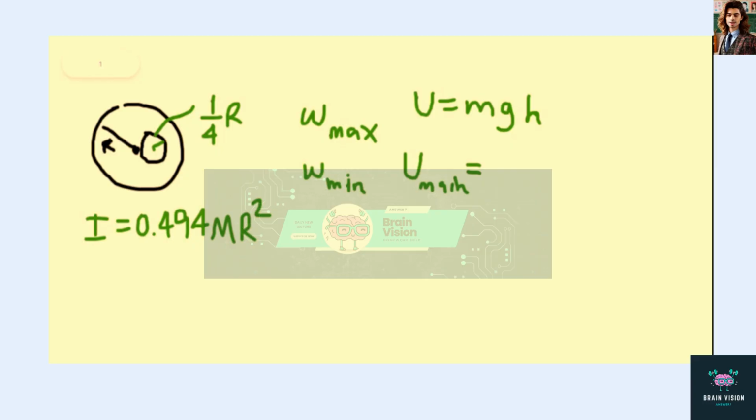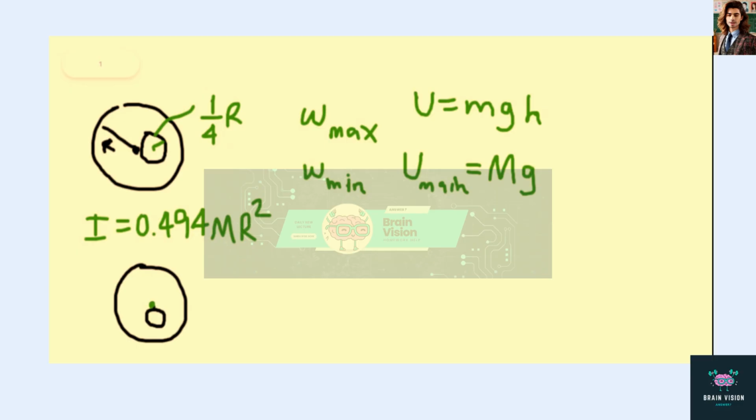is its mass, which I think I need to go back to the question. I guess the mass is just capital M. G is just g. But h, I'm going to redraw this like this, with this being the center.